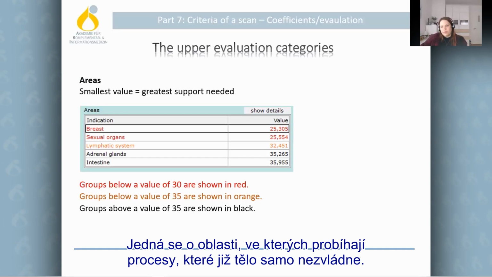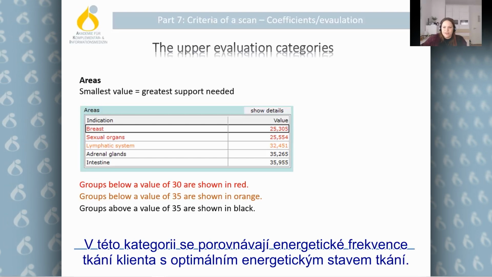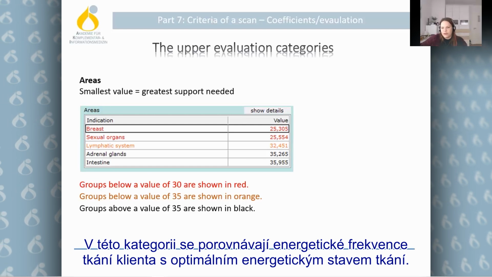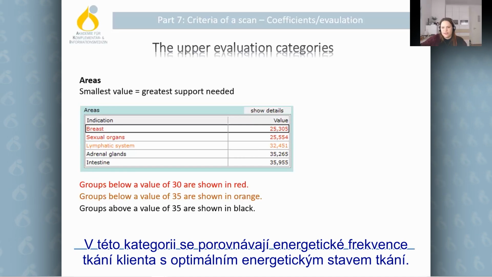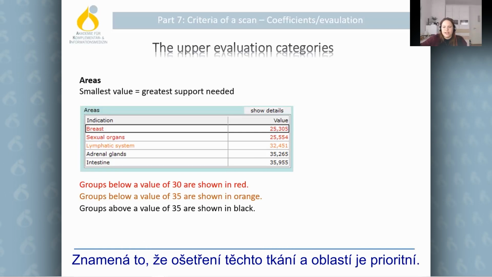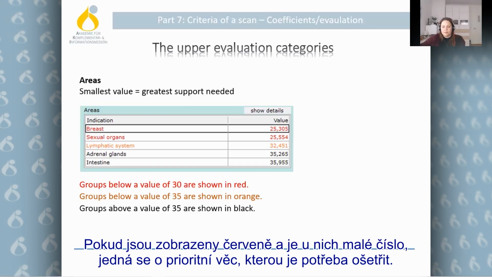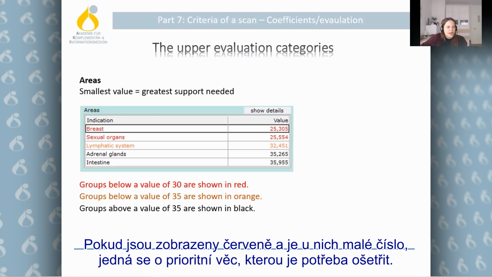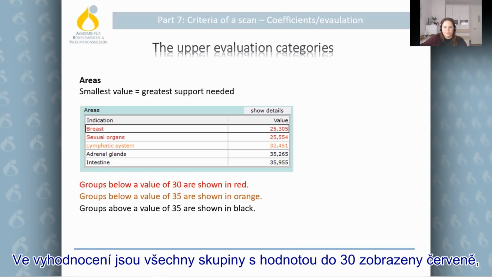These are areas in which the existing processes can no longer manage on their own. They really, really need help. In this category, the bioenergetic tissue frequencies of the patient are compared with the optimal state of these tissue frequencies. Groups showing here indicate that there are energetic disturbances in these tissue areas and that treating them is a priority. So when they are listed in red with a really small value, it's a priority to treat them.